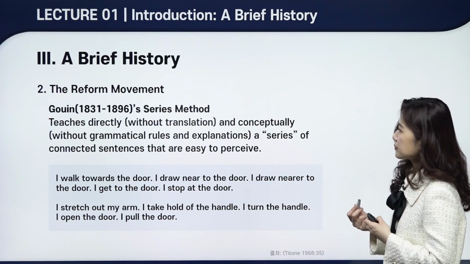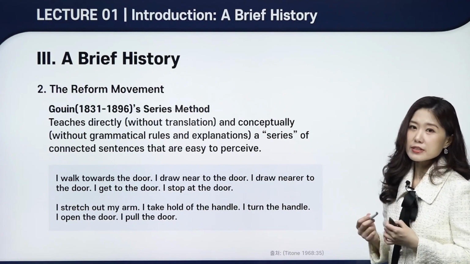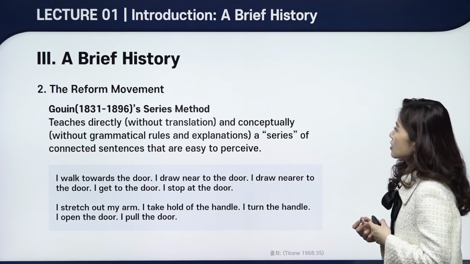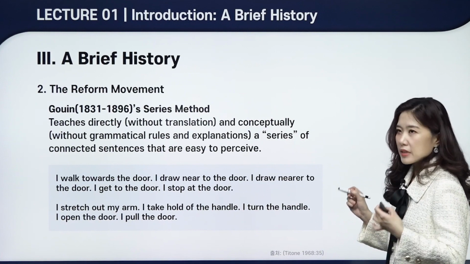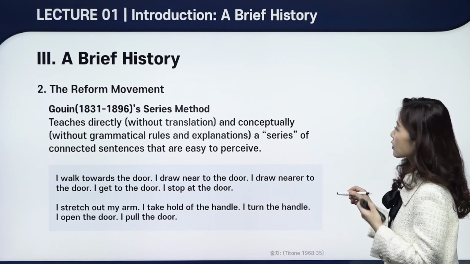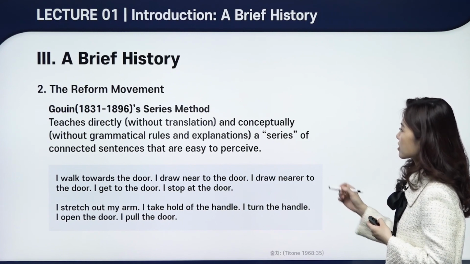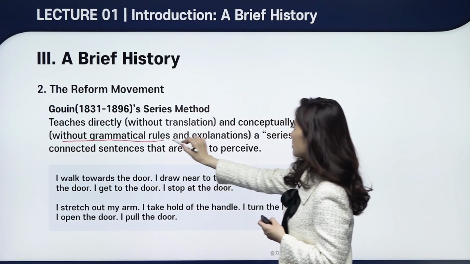Okay, and then Gouin devised the so-called series method. This method teaches directly, meaning without providing translation, and conceptually without grammatical rules and explanations. So this is different from the grammar translation method.